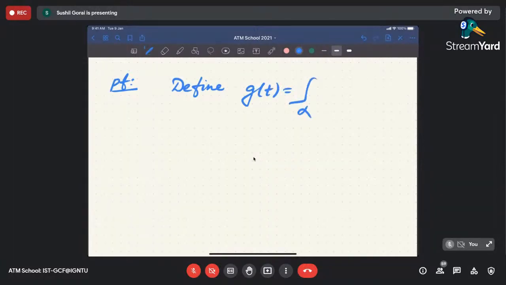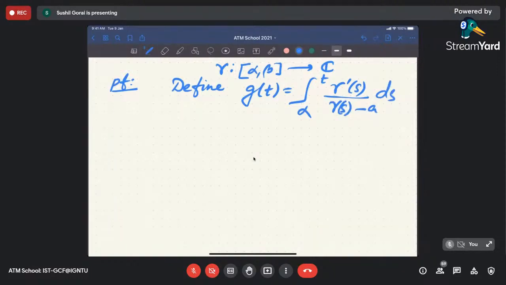So if gamma is from [alpha, beta] to C, then you define g(t) to be the integral from alpha to t of gamma prime(s) by (gamma(s) minus A) ds. Okay.